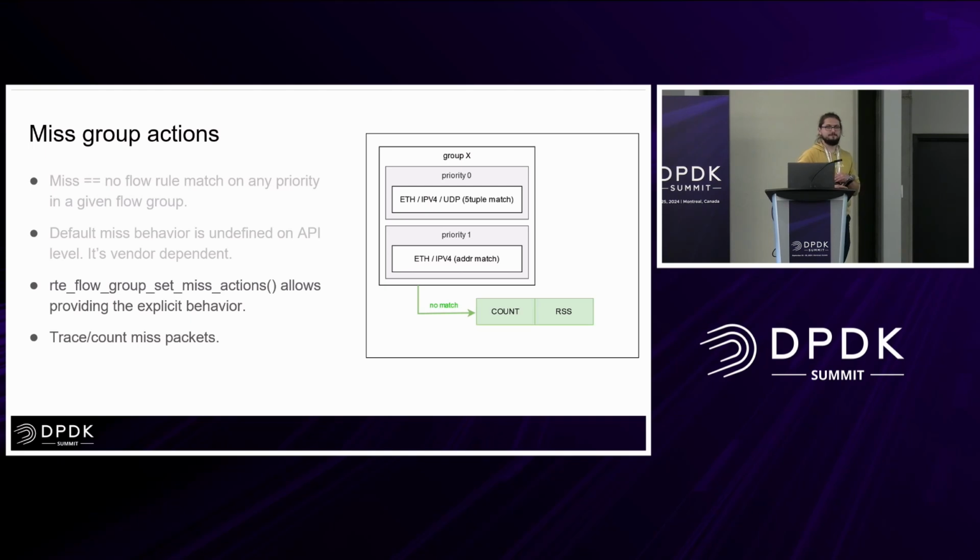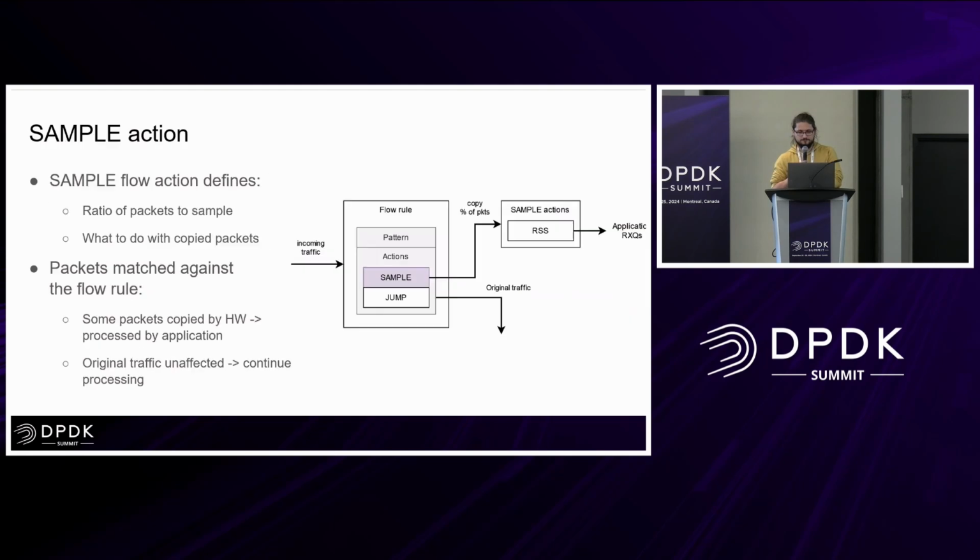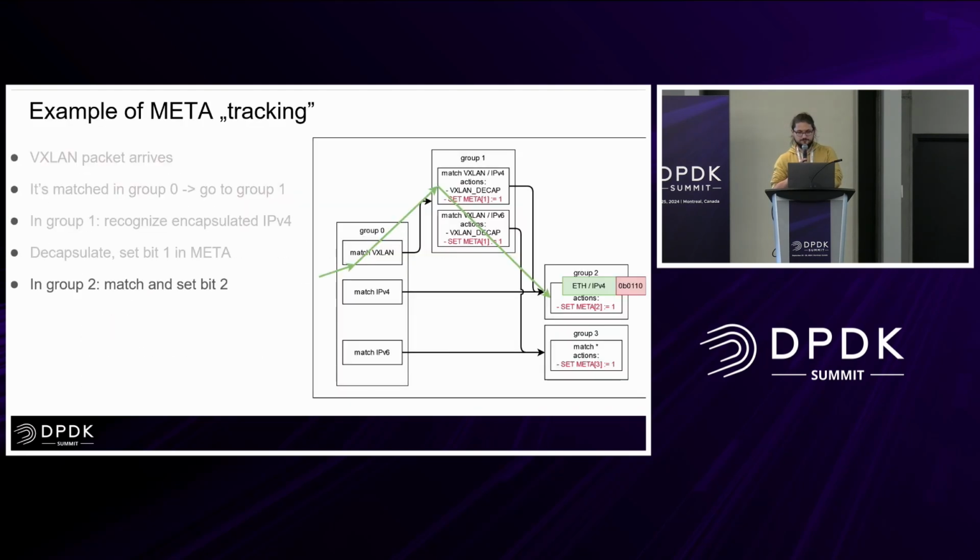I have a quick question. Could you go back to the slide on the set meta, please? In your example, I think your set meta is an OR action on the bitmap, is it? Or did I misread that? It's a set action on the bitmap. Here I made a small mistake on the slides.